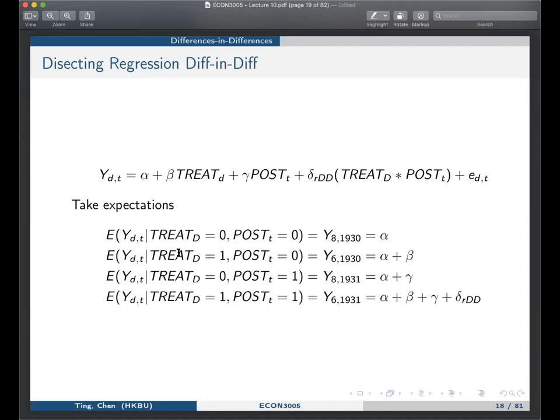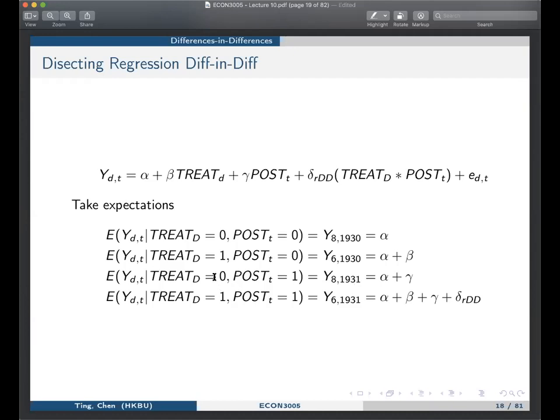That refers to the mean for the 6th district in the 1930s. If treatment equals 0 and post equals 1, the interaction is 0, and we have alpha plus gamma. That is the control group, the A district, in 1931.